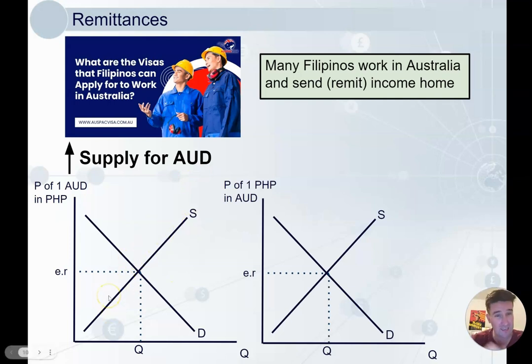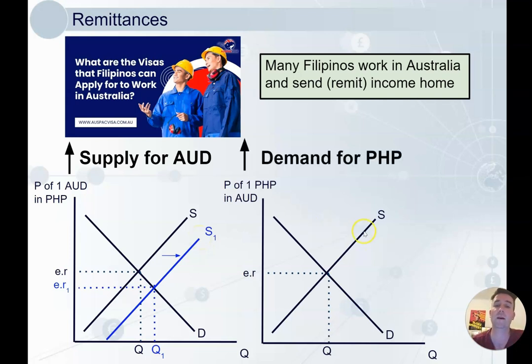These Filipinos in Australia hold Australian dollars and they want to sell them. More people want to sell them. So increase in supply of Australian dollars in the foreign market. That increases the demand for the Filipino currency. I can't remember what that currency is called, but it increases demand for that. So there's an appreciation here of the Filipino currency, depreciation of the Australian currency. Remember that, always opposite of each other.